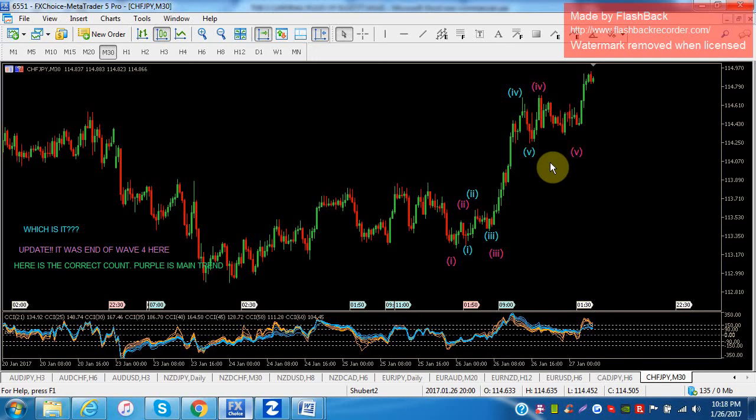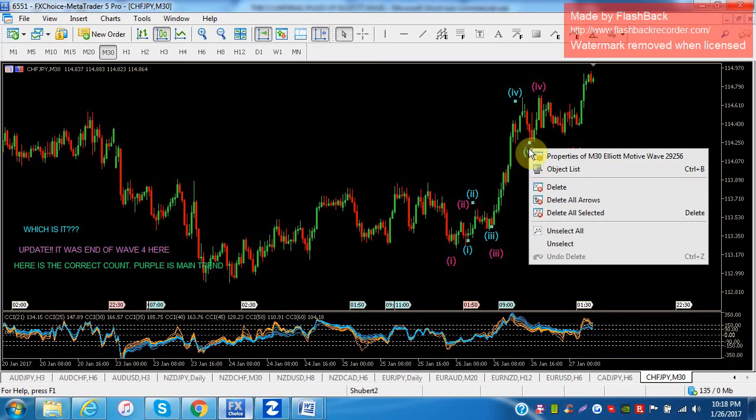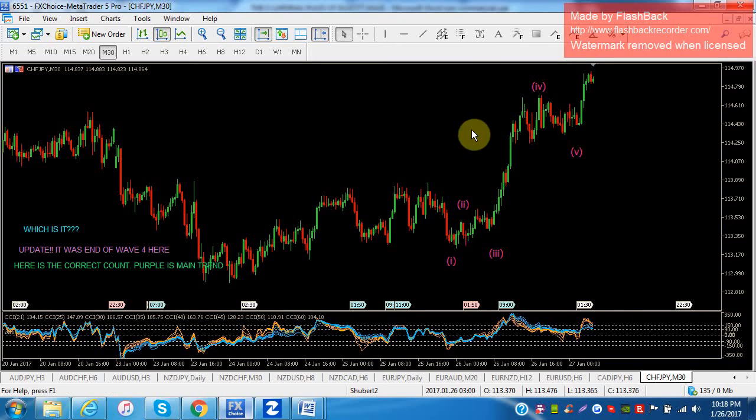And so just for the ease of argument, I'm going to show you this. So you see I have 2 sets of labels here. The purple is the main trend of this whole move. The blue is just the wave 3. So we could take this off for now, just not to confuse things.